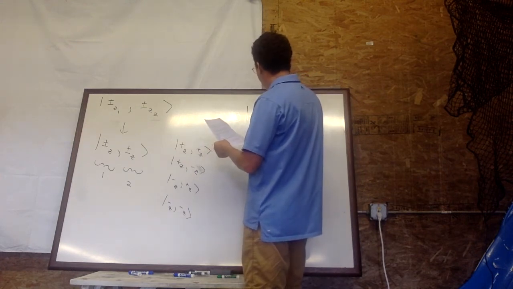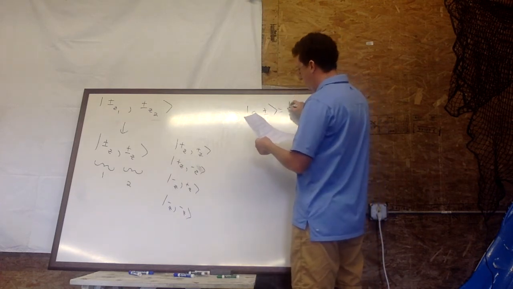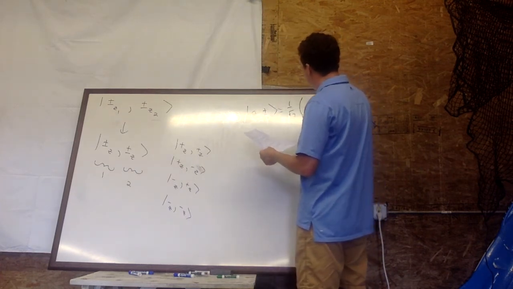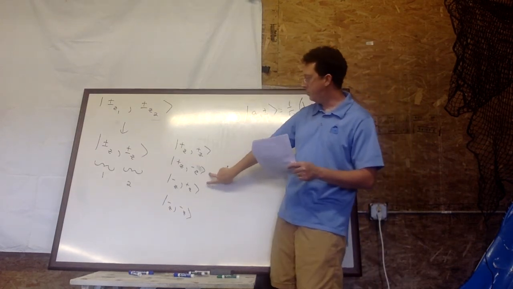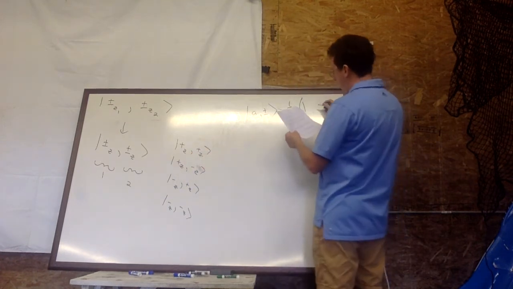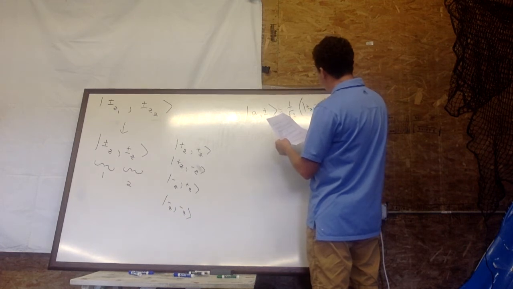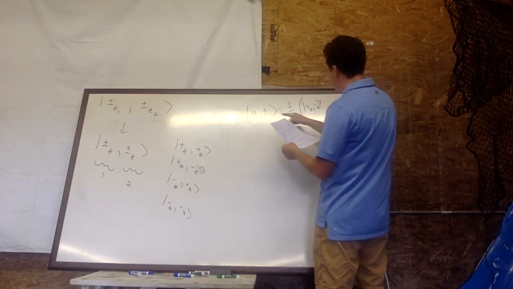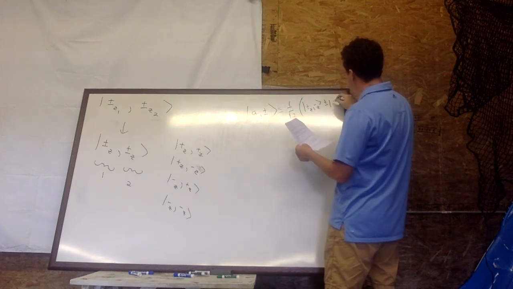A plus minus are 1 over root 2, and it's going to involve these middle two, the mixed combinations: plus z minus z, plus or minus, minus z plus z.